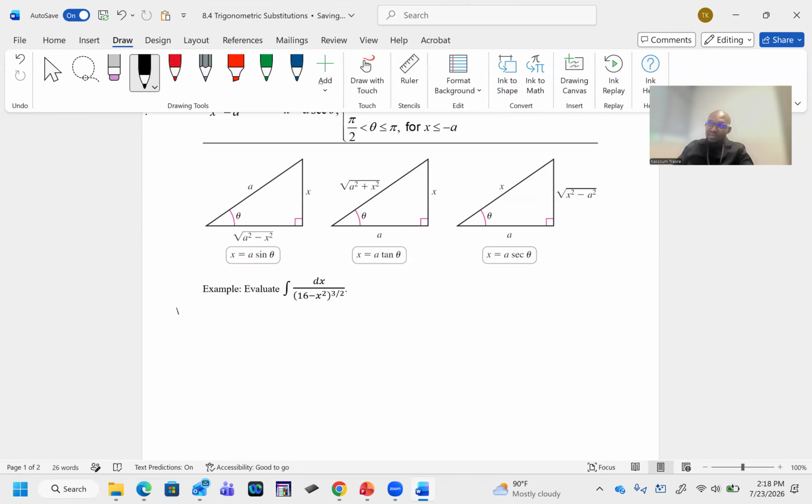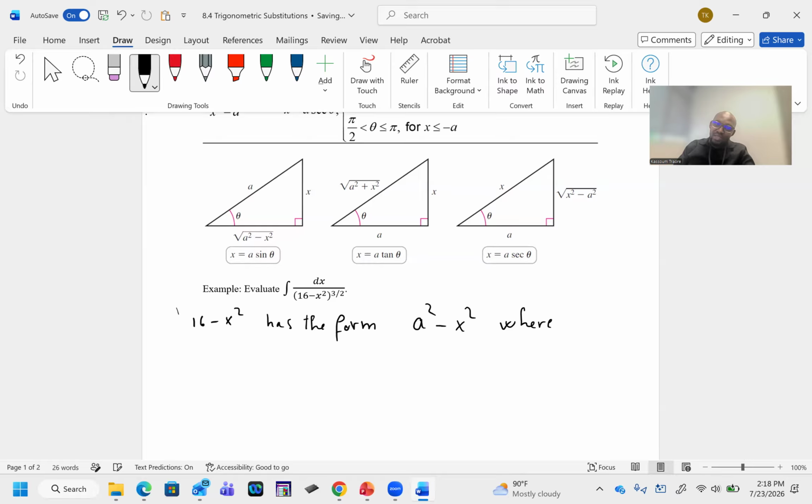So if I look at my 16 minus x squared, this is in which form? It has the form of a squared minus x squared. My a is what? a is 4, right?